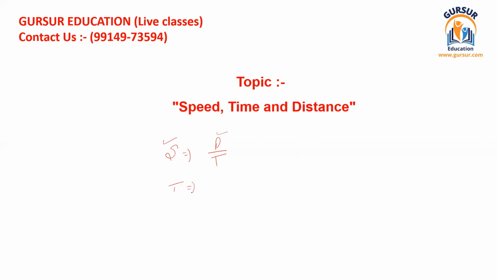Ultimately, on the basis of this formula, you can conclude that time is distance divided by speed. And again, on the basis of this formula, you can further conclude that distance is equal to speed multiplied by time. So these are the basic mathematical expressions which are necessary to understand.